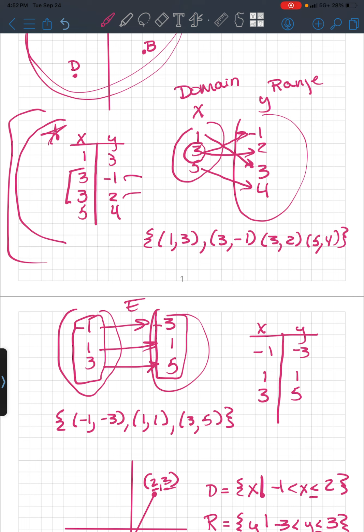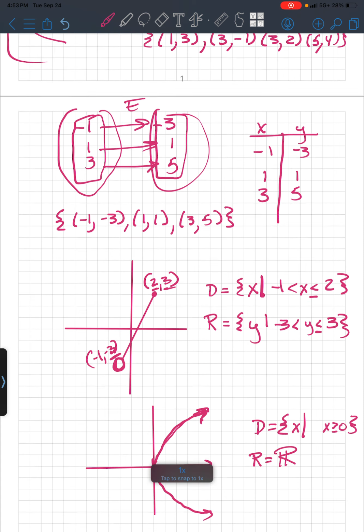There is only one arrow coming off of each of those domains. A is not a function because there's 2 arrows coming off of 3. That means 3 goes with -1 and with 2. And F would be a function. Even though all 4 arrows are going with 4, I never said anything about Y not being able to repeat. Y can repeat as many times as it wants to. My X can never repeat for a function.